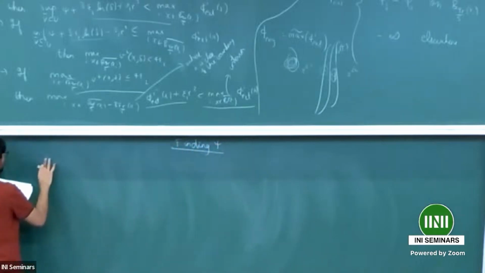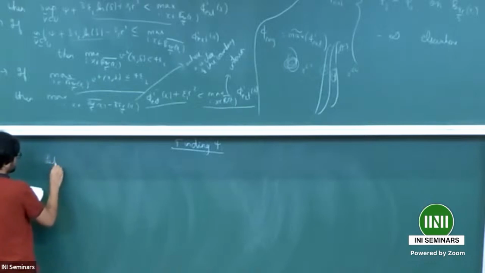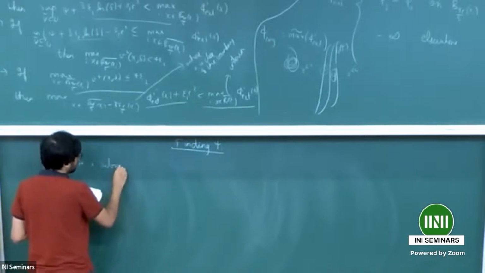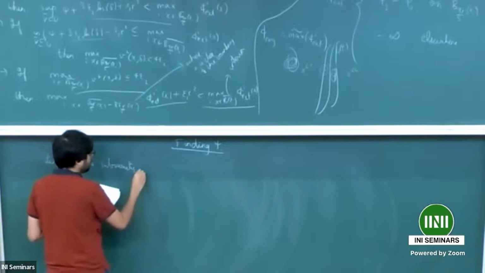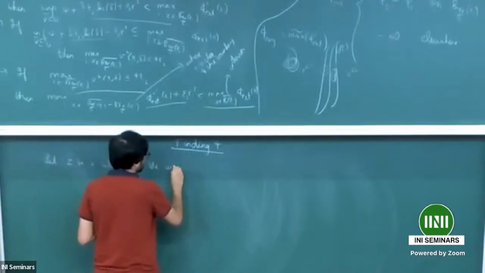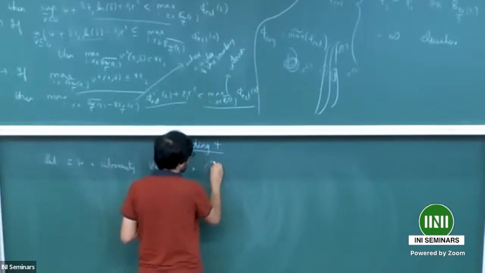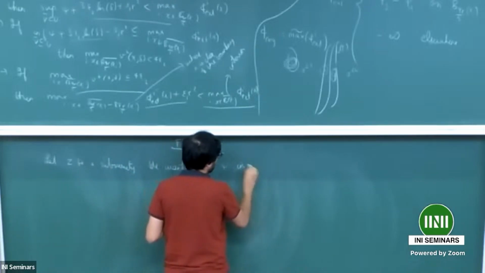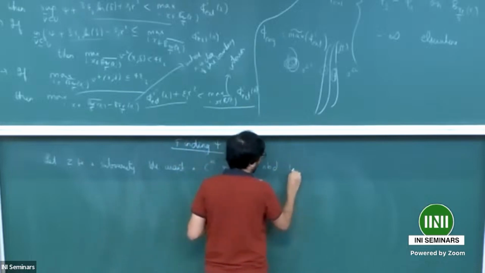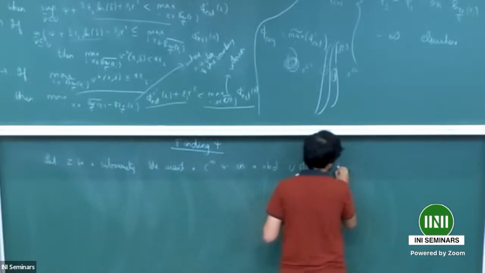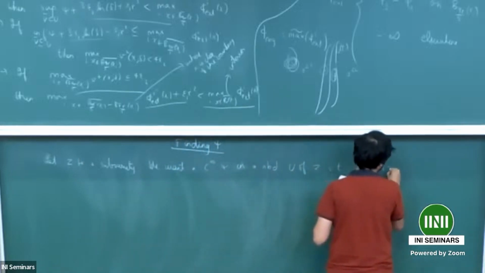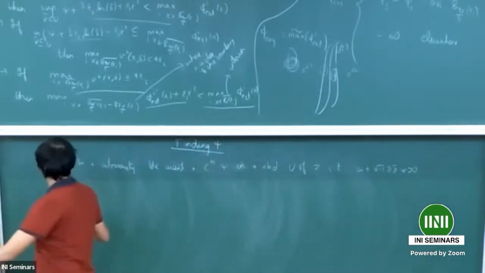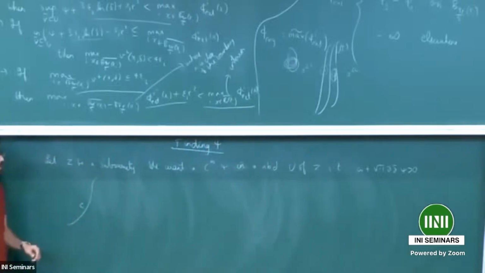Let Z be a subvariety. We want a smooth C in a neighborhood U of Z such that this is a Kähler form. Okay. So Z is any subvariety and we want this to happen.